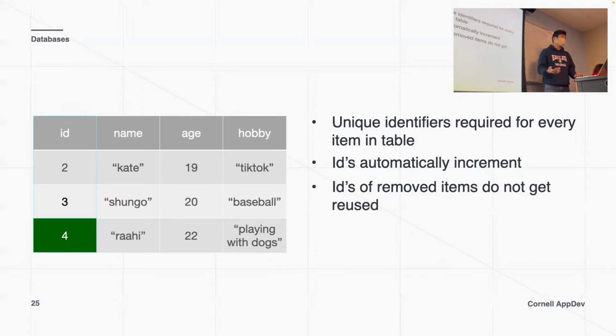If we want to reuse those IDs, we have to search through the entire list of 10,000 numbers to see which ones aren't used. So for the sake of simplicity, we just add 1 to the greatest one that's already been created. Hopefully that makes sense. Okay.